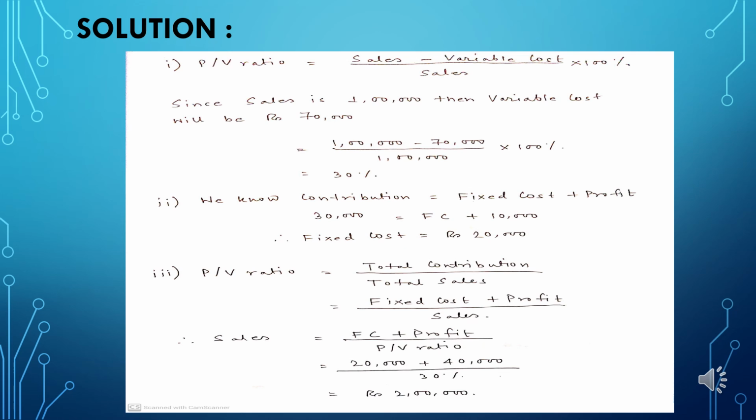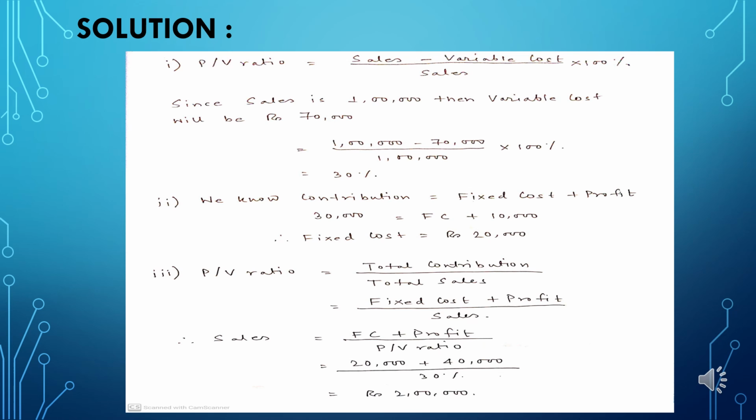Coming back to the calculation portion here, we can easily see that if the sales figure is rupees 1 lakh, then the variable cost, being 70% of the sales, will give us a figure of 70,000. If we want to calculate the PV ratio, it can be calculated as contribution by sales.